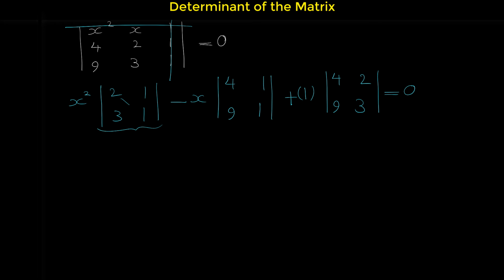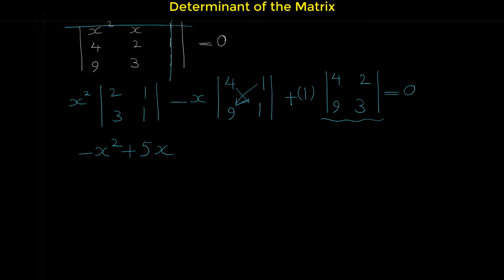This determinant is 2 times 1 minus 1 times 3, which is -1, times x squared. So finally from this we get only -x squared. 4 times 1 is 4, minus 1 times 9 is -9. 4 minus 9 is -5 times -x is +5x.